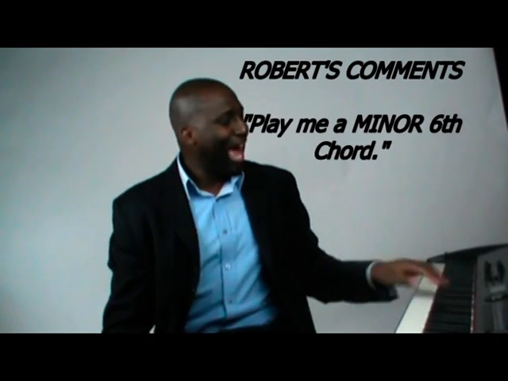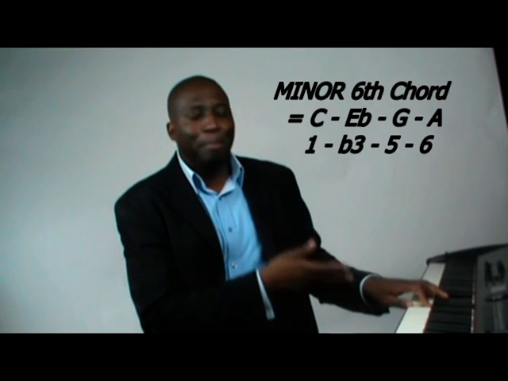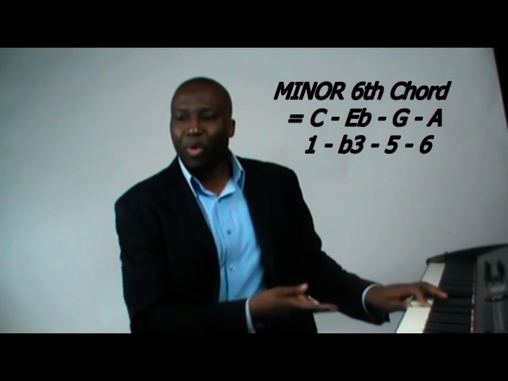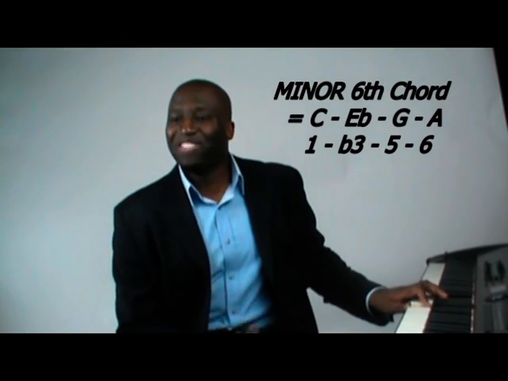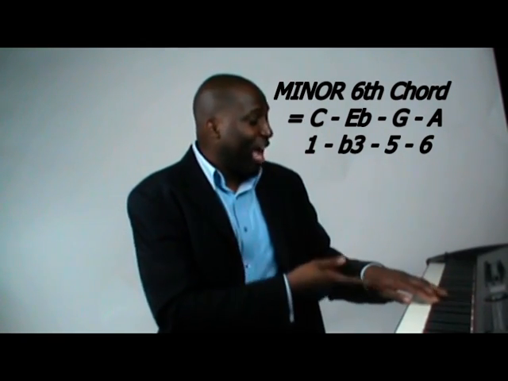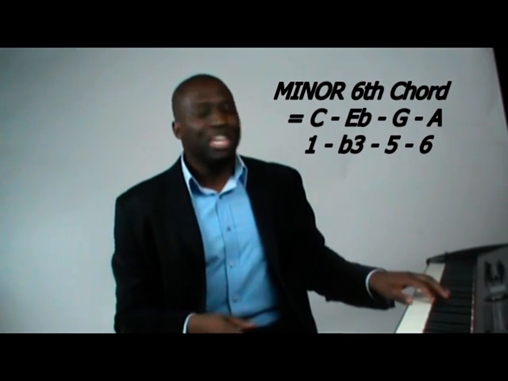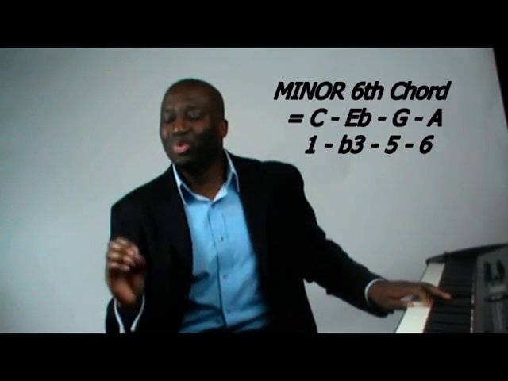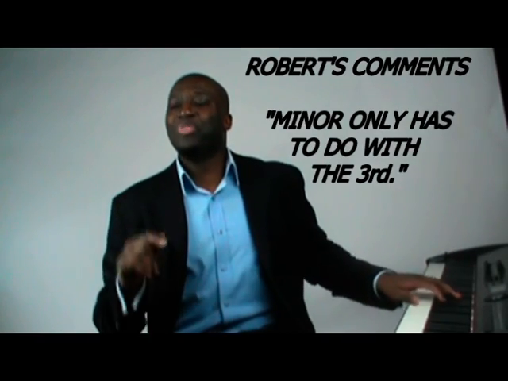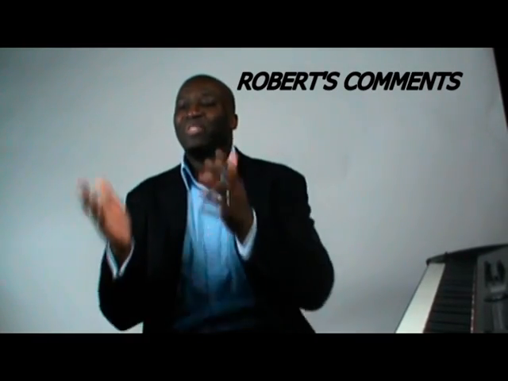A minor 6 has C, E flat, G, and A. If that was correct, then the minor 6 should be a flattened 6, right? It should have a flattened 6 in it. But it only has a flattened 3rd. Why? Because minor only has to do with the 3rd, nothing else.